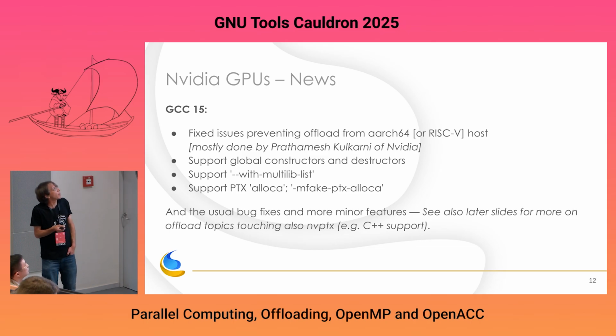It was done by Prathamesh from NVIDIA last year. Global constructors and destructors work, which are important for C and C++, and also for the Fortran runtime library for I/O. So something happened there, and there are a couple of other smaller things, especially the alloca.